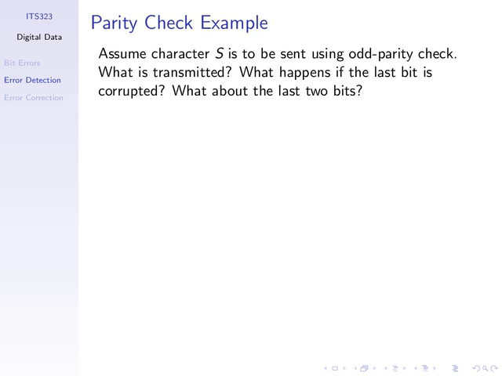Count the number of ones. 1, 2, 3, 4, 5, 6. Even number of ones. Error detected. No data received. Once we detect an error, we'll need some other mechanism to try to correct that. So that's it. The receiver now has detected the error.